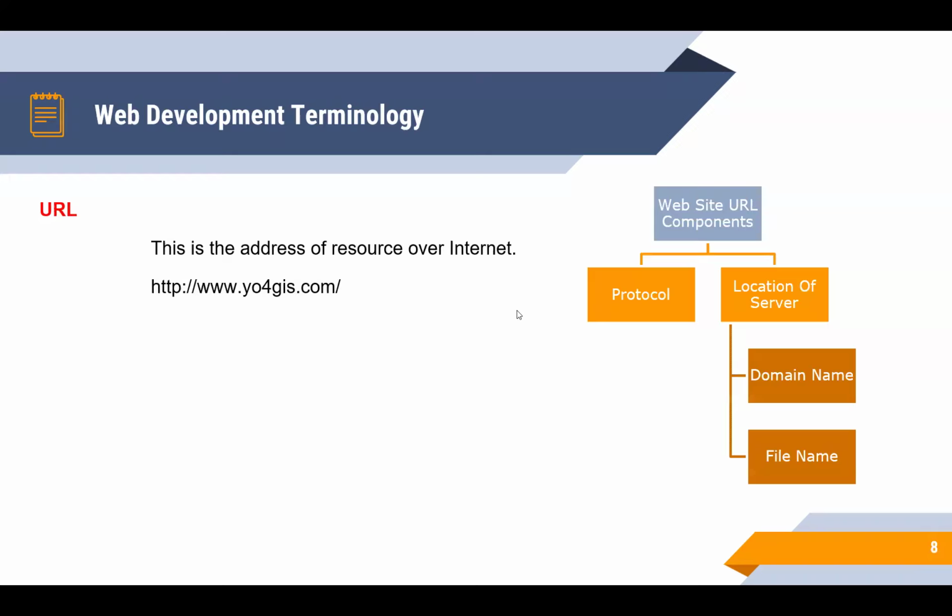There are two protocols which we commonly use: one is HTTP, another one is HTTPS. After that, we have another part in any web browser, which is the location of the server. In the location of the server, we have the domain name and file name. Like here, if I show you this complete URL: http://www.yo4gis.com.